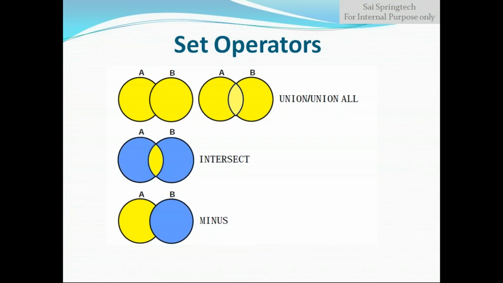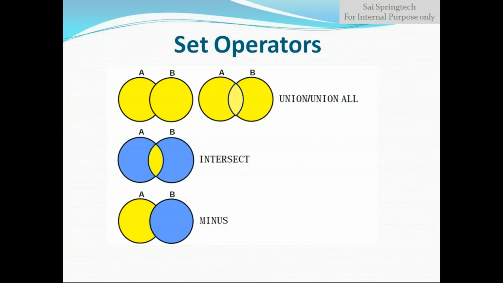Queries containing set operators like these are also called compound queries, because it's basically compounding multiple queries into one. Now we have three set operators. Actually, we have four: union, union all, intersect, and minus.